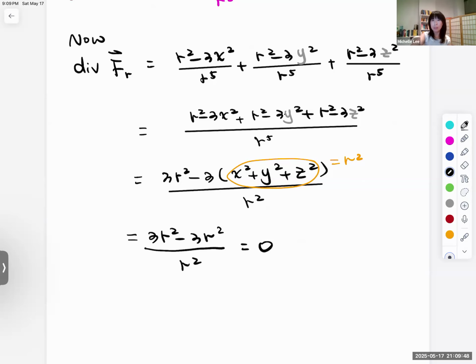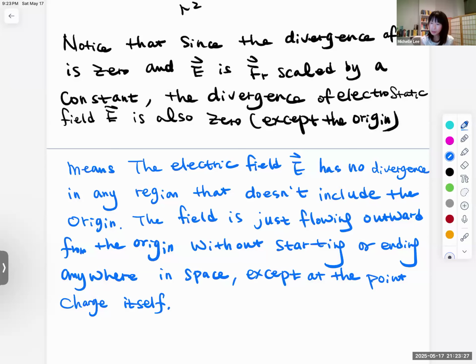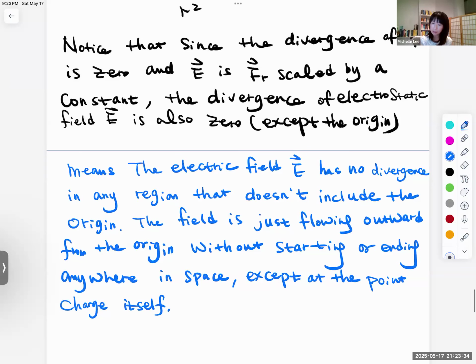Okay, let me write down what this means. Okay, so notice that this is from the textbook. Since the divergence of the radial vector field is 0 and the electric field is a radial vector field scaled by a constant, the divergence of the electrostatic field E is also 0, except at the origin.